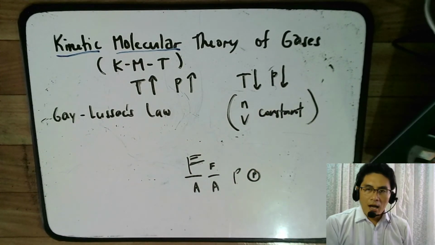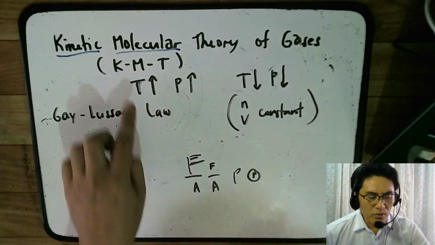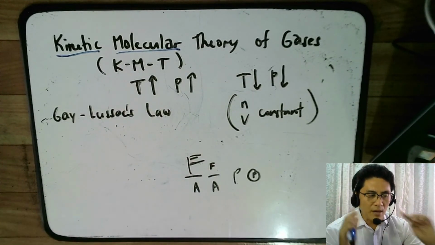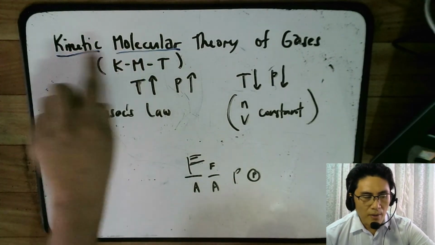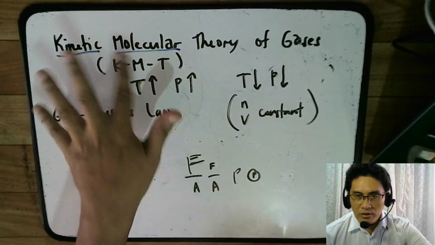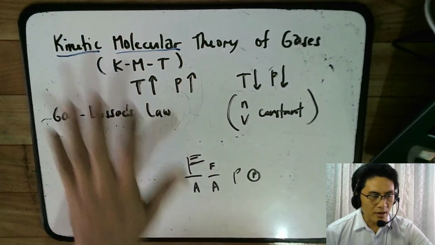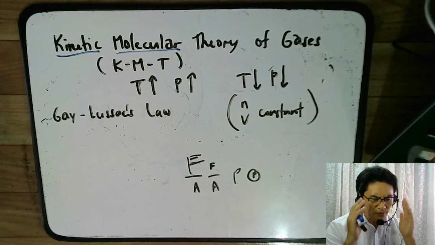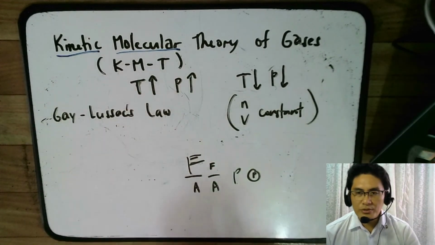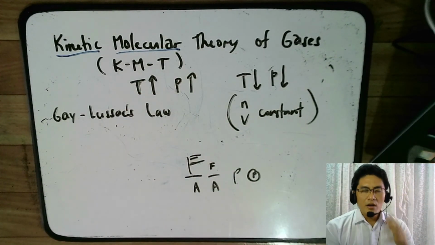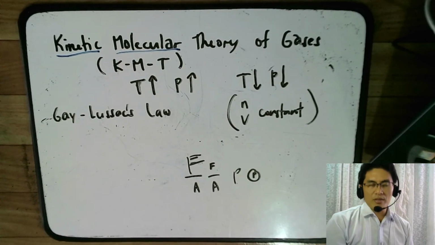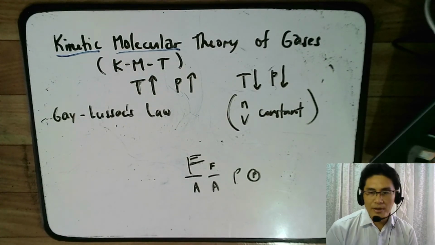So you see, just by thinking conceptually about what happens when you increase the temperature, what happens to the moving molecules according to the kinetic molecular theory of gases, if you know what temperature is and what pressure is, you can piece them together conceptually, even without looking at experiments.